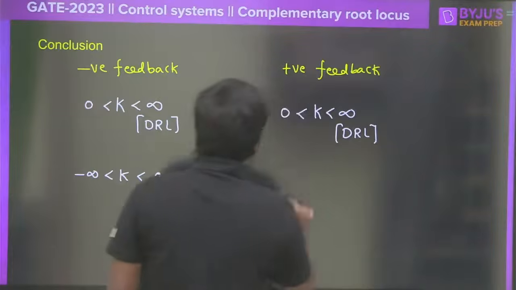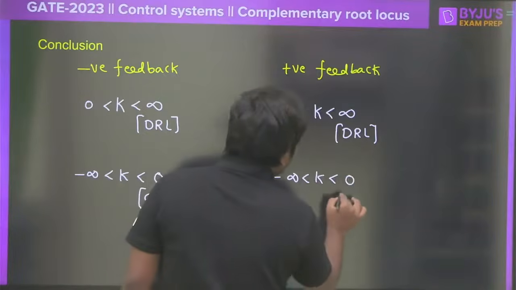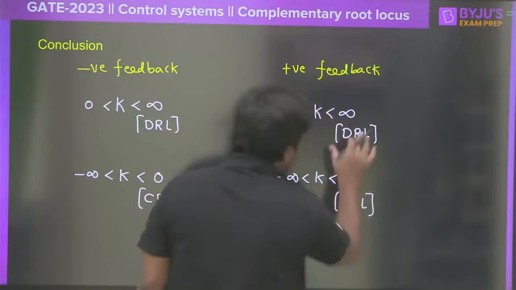And when the value of k is traveling from minus infinity to 0, this would be considered a complementary root locus. Please try to understand this.